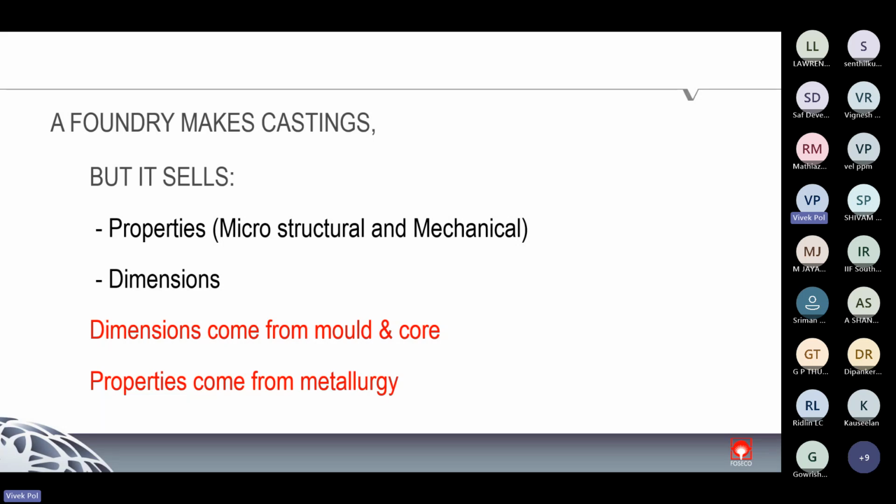That's why getting consistent metallurgical and mechanical properties is always challenging, and we need to design a robust process to meet consistent properties. As far as dimensions are concerned, mold and core from the pattern side are taken care of, and we don't see much variation. So, though a foundry makes castings, customers are buying these dimensions and properties, and that's why this statement is made here.